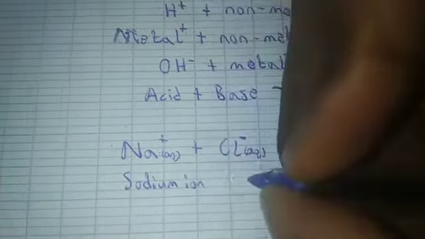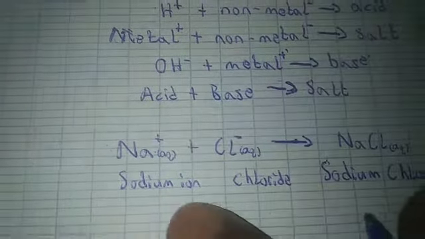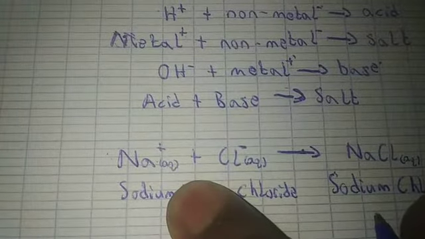So remember, this was sodium ion, and this one is chloride. All you have to do is take out the ion and link these two, which gives you sodium chloride. Let's try another one.